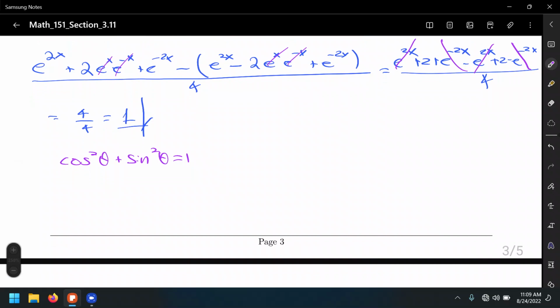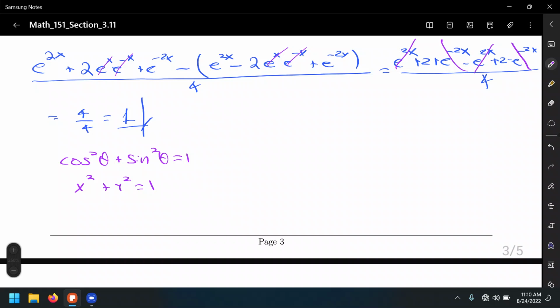But recall that cosine is the x-coordinate of the points on the circle, so that's x squared, and sine is the y-coordinate, which is going to give us y squared equals 1. What's that equation, by the way? Does that remind you of anything? Pythagorean theorem? Well, yes. It's a circle of radius 1. Surprise, right? Those are the points that describe the unit circle in terms of sine and cosine.